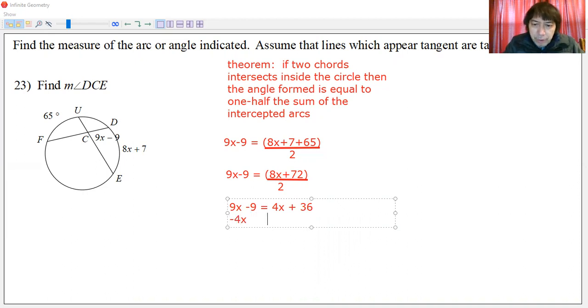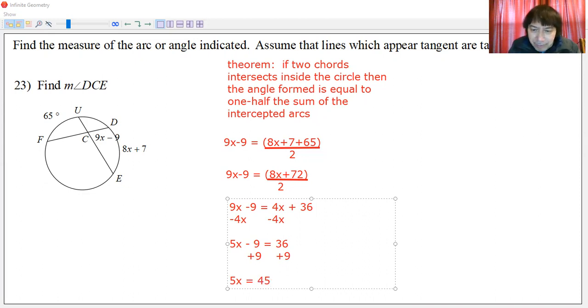All right, so we subtract 4x from both sides. And the left side becomes 5x minus 9. Right side will just be 36. We proceed by addition of 9, plus 9, and plus 9. Left side becomes 5x. Right side becomes 45. And x looks like 9.